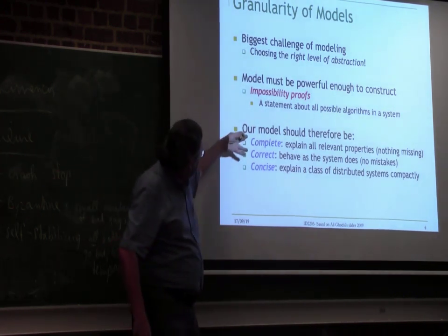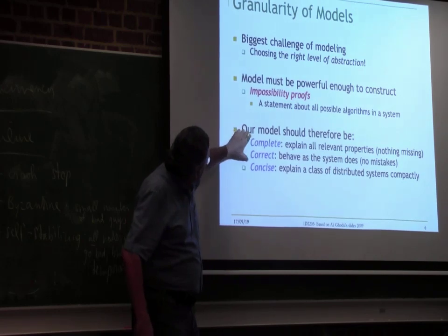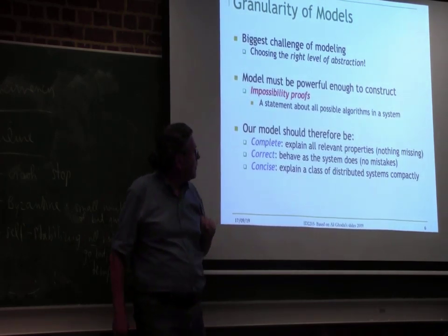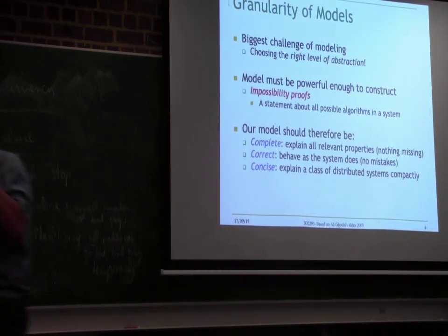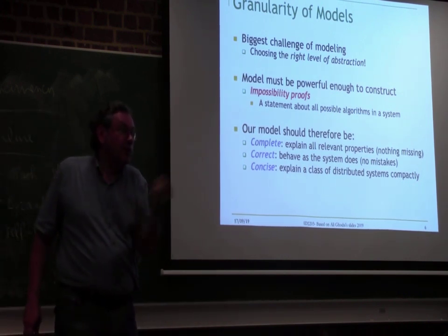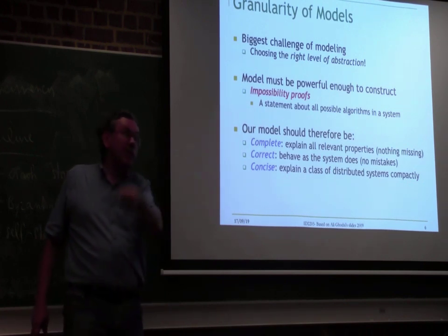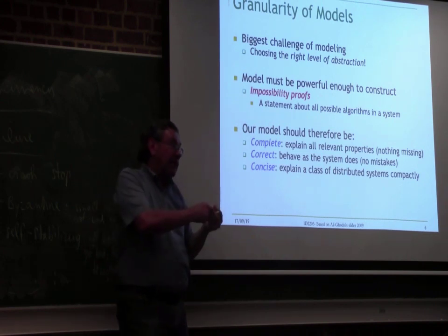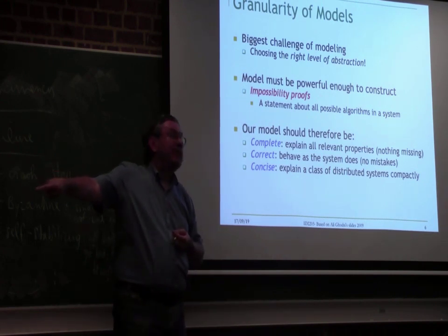There are three properties. Actually, the first two are the most important ones: completeness and correctness. Completeness means that if something is possible in real life, then it's also possible in the model. Whatever can happen in real life can happen in the model. Correctness means that if it happens in the model, it also happens in real life.